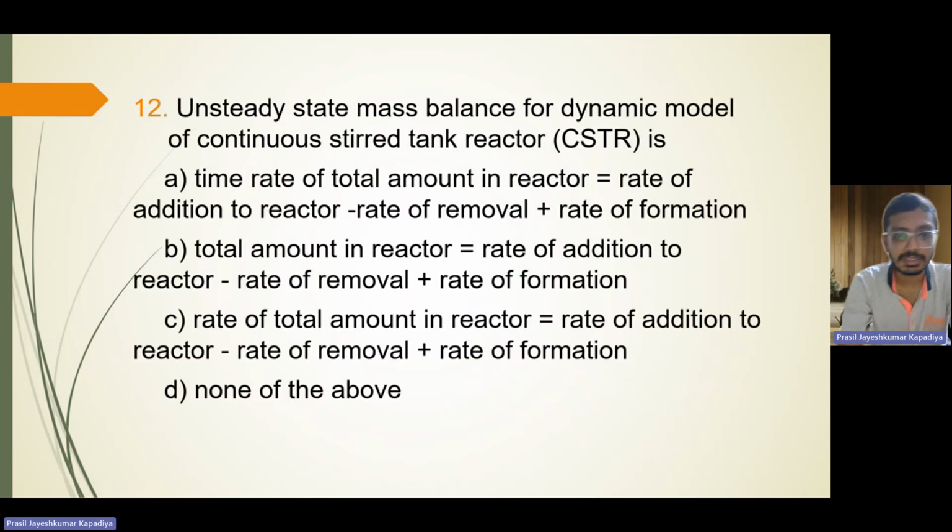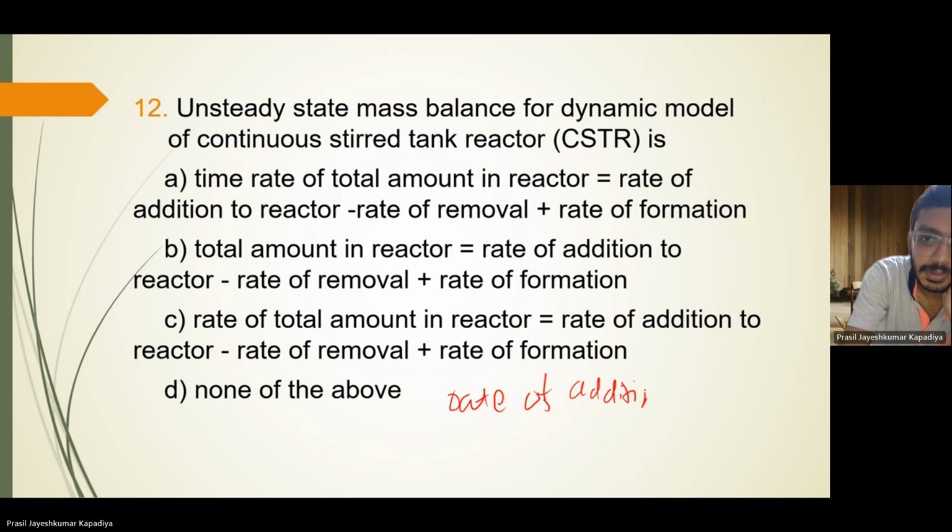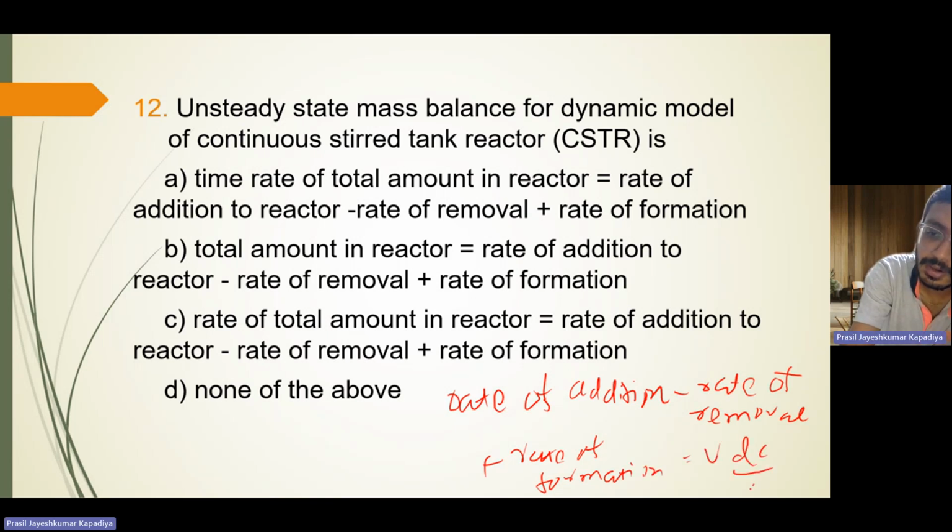Okay, now let's move ahead with the next question. The unsteady state mass balance of a dynamic CSTR: what is the unsteady state mass balance? Rate of in, meaning rate of addition, minus rate of removal or rate of disappearance, plus rate of formation, will be equal to V into dC by dt.